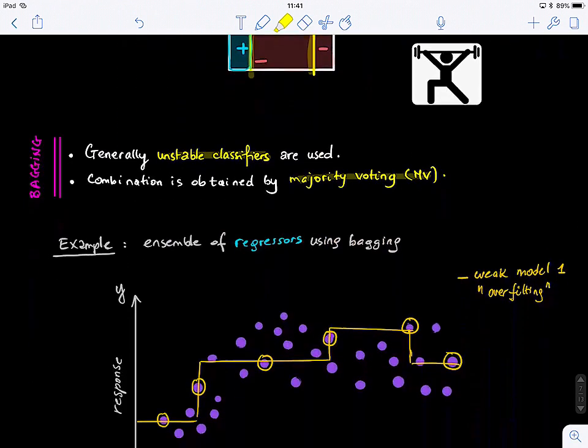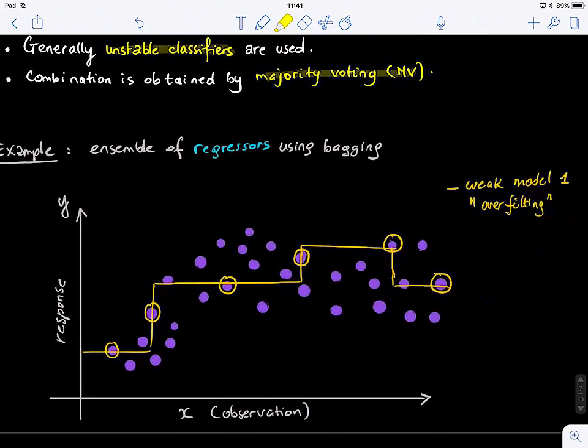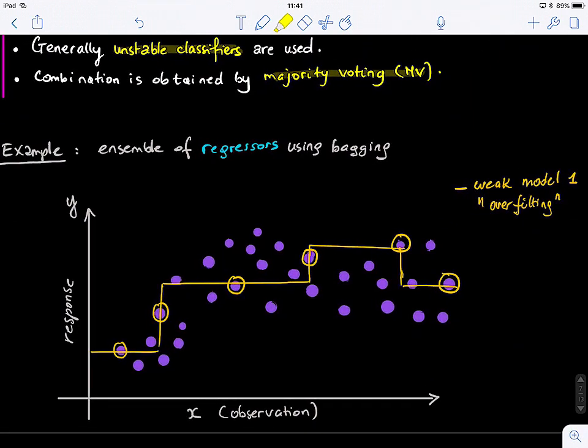So this is bagging, and here let's look at bagging when we are doing regression. This is another example. Let's say we have a single feature, X, or observation, on the X-axis, and on the Y-axis we have the response Y, okay? And remember, in regression we want to find a line that fits the data. So let's say here we're just using a weak linear, like a piecewise linear model.